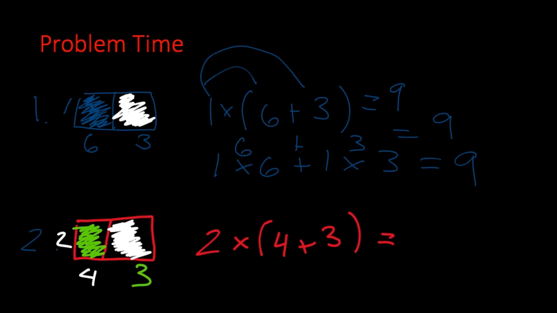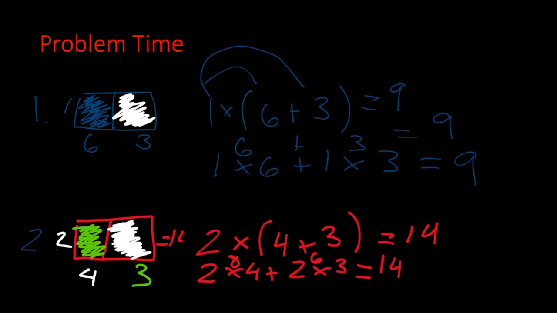I'll start to add 2 times 4 plus 2 times 3. 2 times 4 equals 8. 2 times 3 equals 6. And now I'm going to add 8 plus 6 equals 14. So the area for this shape equals 14, and the area for this shape equals 9.